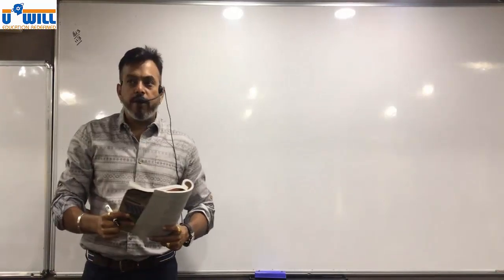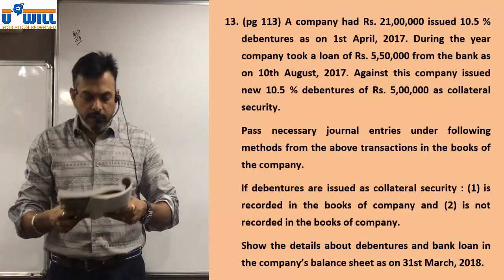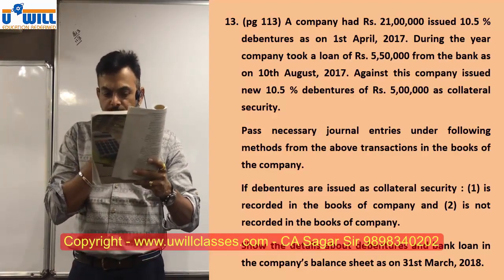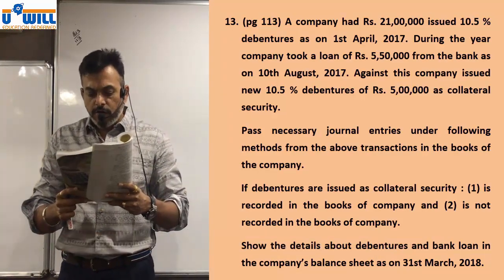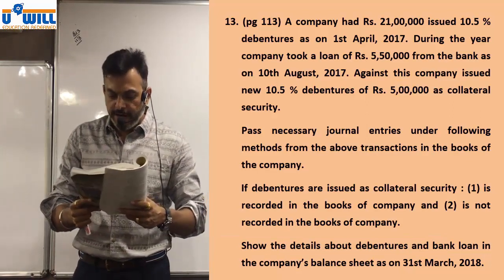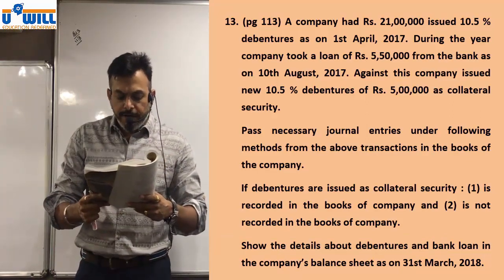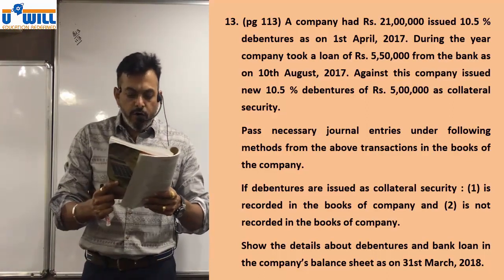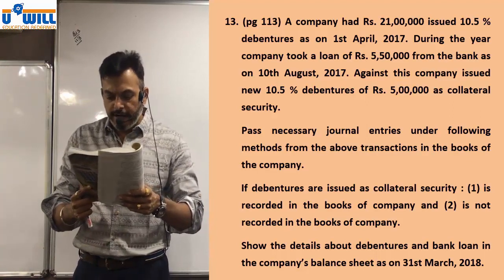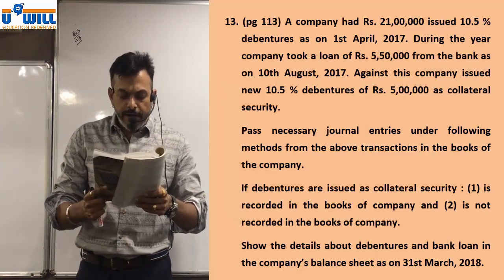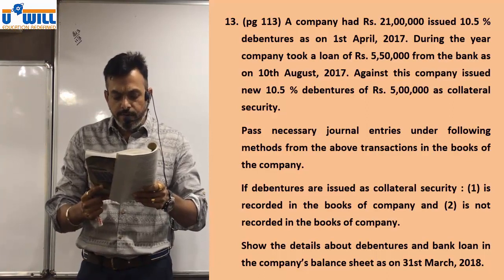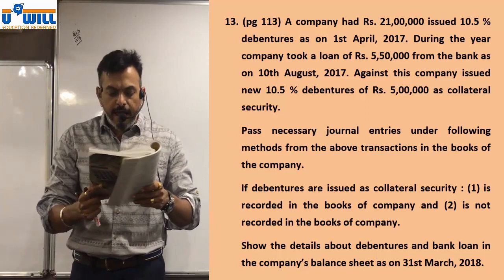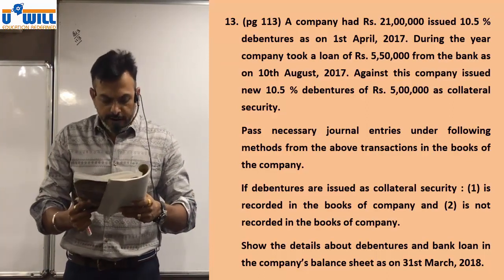Page 113, question number 30. A company had issued 21 lakh 10.5% debentures as on 1st April 2017. During the year, the company took a loan of 5,50,000 from the bank as on 10th August 2017. Against this, the company issued new 10.5% debentures of 5 lakh as collateral security.